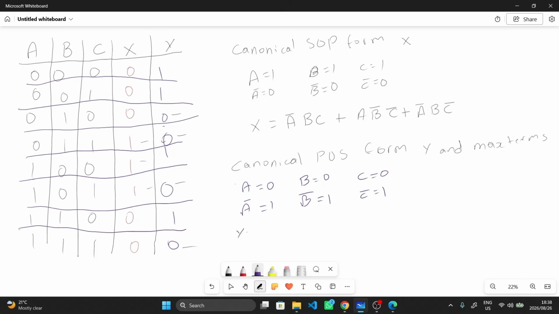So Y will be where it's 0, so that will be A plus B complement plus C times A plus B complement plus C complement, right?